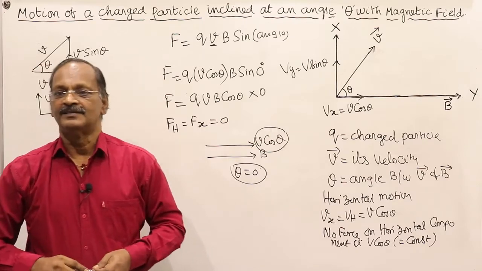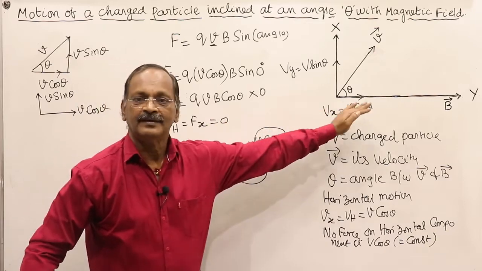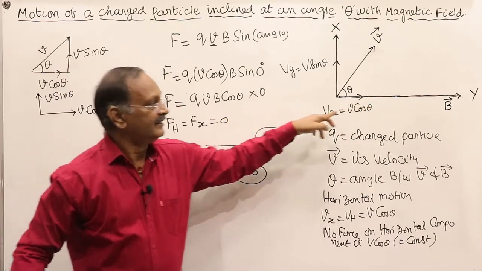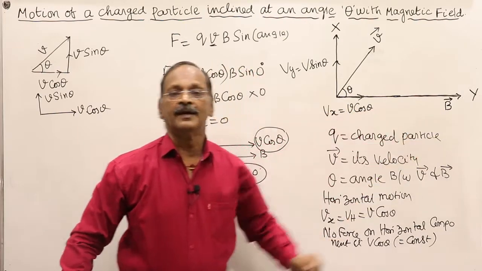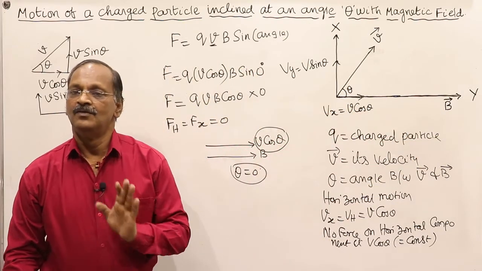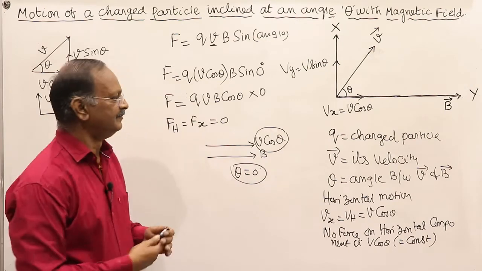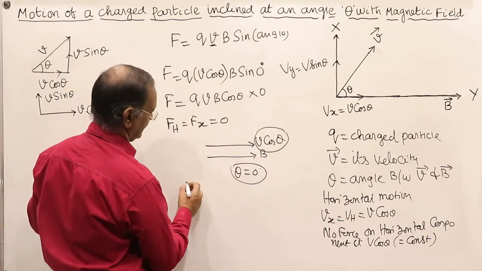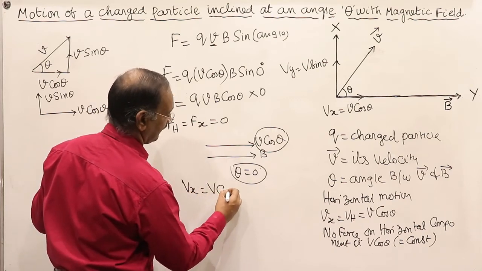It means the charged particle moves with constant velocity v cos theta along the magnetic field, and no force acts on it. Hence this component of v, that is vx, is equal to v cos theta.